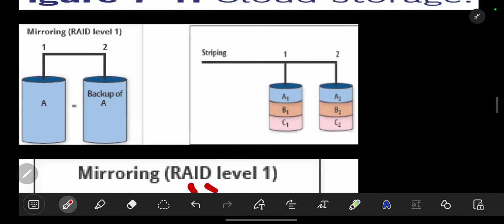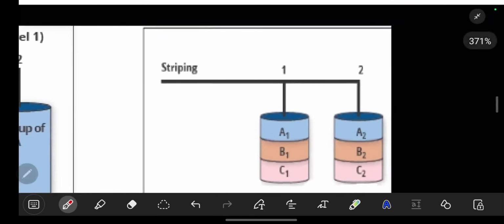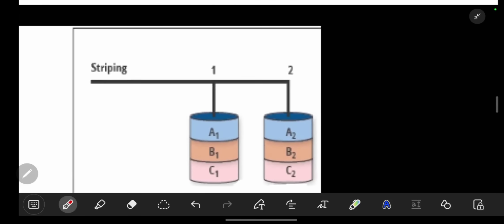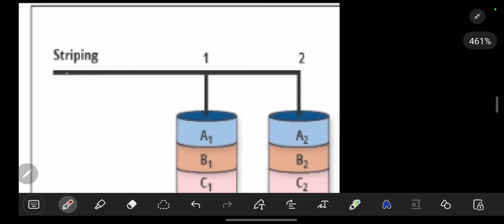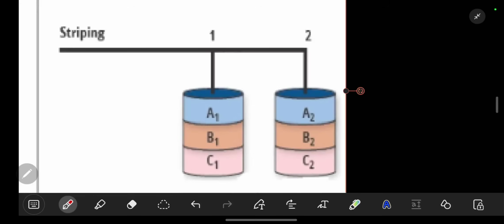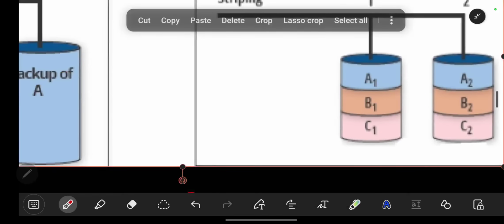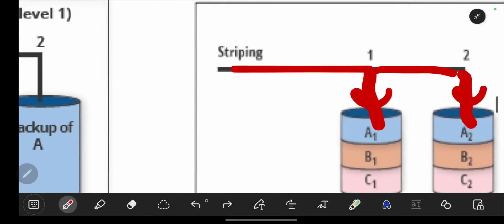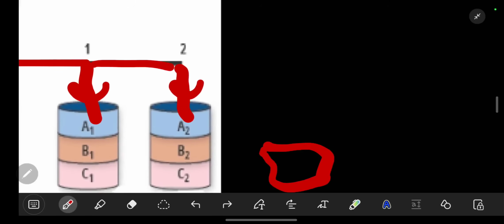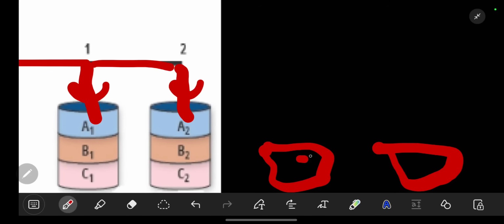The others promote what we call striping. So the other levels just promote striping, which simply means the data is distributed to increase access speed. When data is split into smaller cabinets, it can easily be accessed. Because for example, if you put something here and something here, you will know exactly where to go.